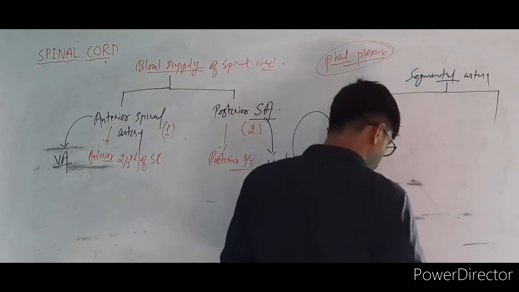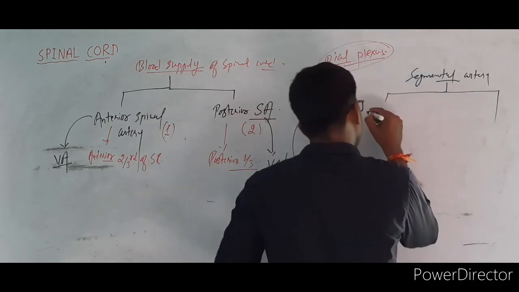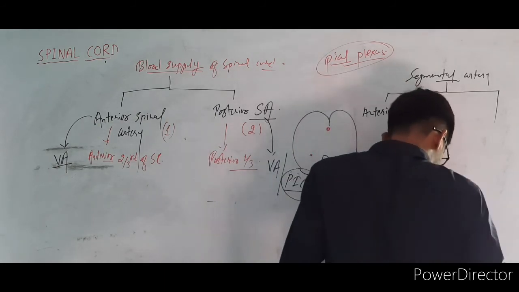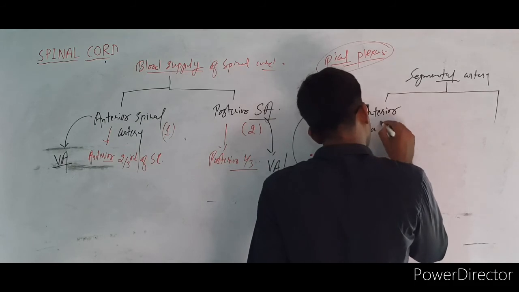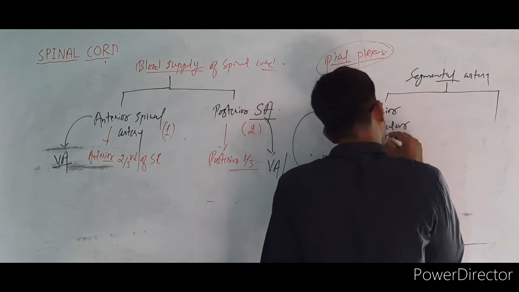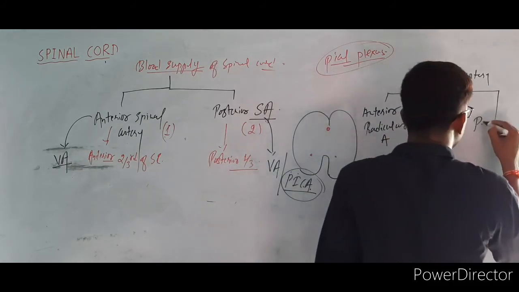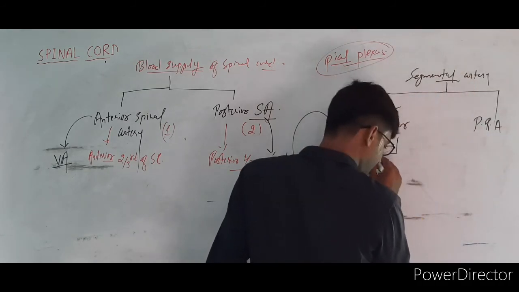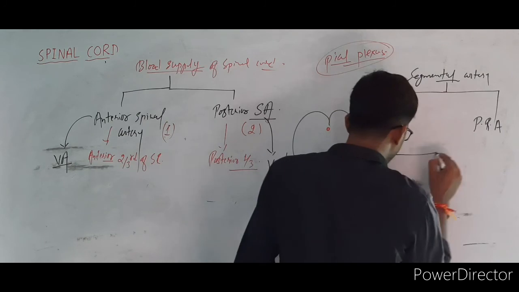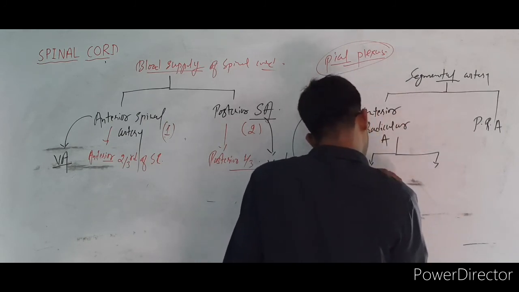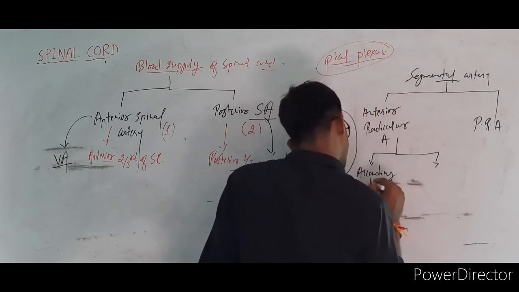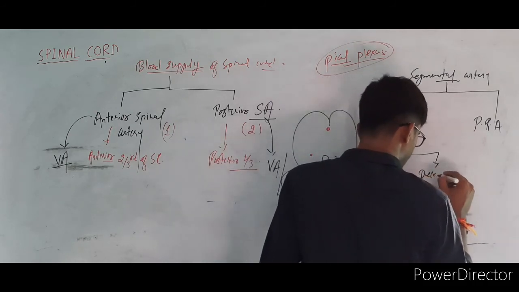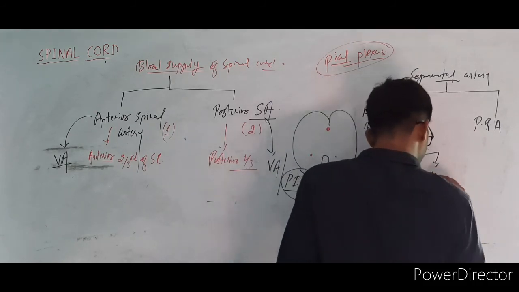There is the anterior radicular artery, and here is the posterior radicular artery, right? So this anterior radicular artery is further of two types. One is the ascending branch, I hope it's visible, and the second is the descending branch, right?